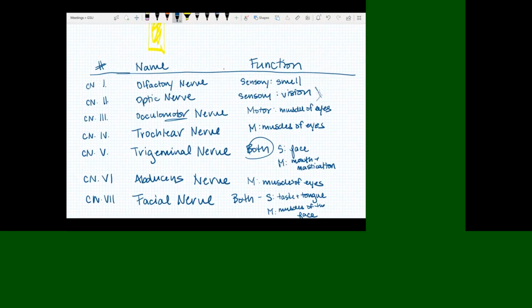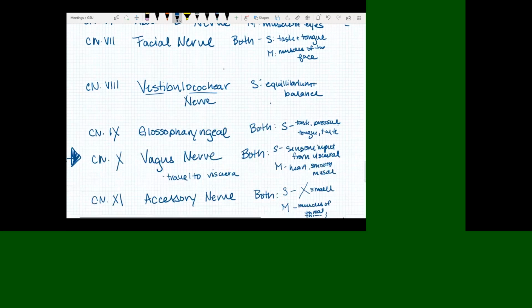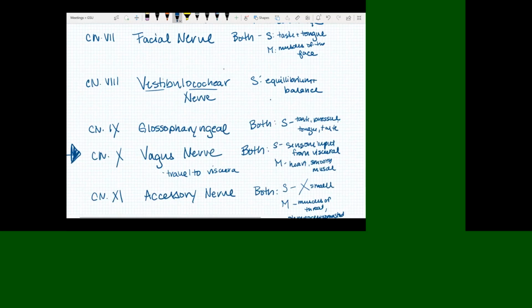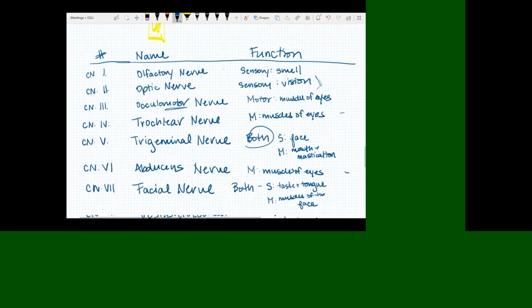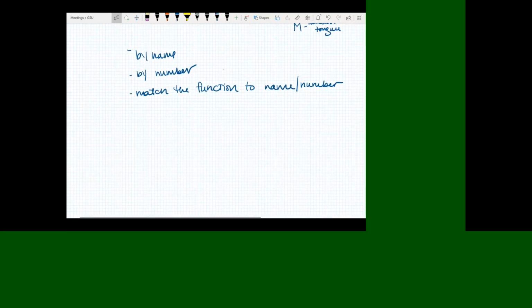But if I were asking about controlling motor in general, I would also want to include the motor of my eyes to be able to say that that is a type of motor movement. So with this identification of name, number, and matching the function, you do need to be able to do that.